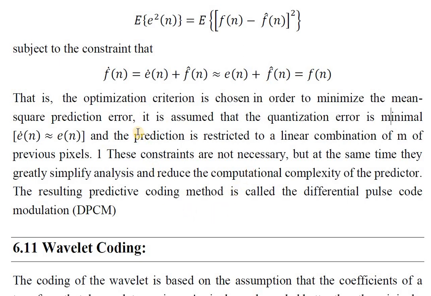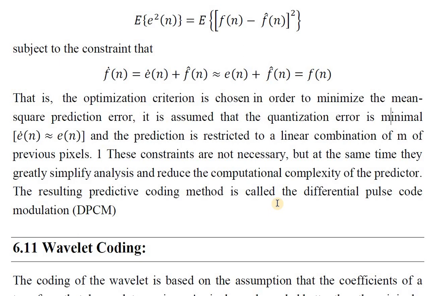Okay. Now the predictor is restricted to the linear combination of m previous pixels. These constraints are not necessary, but at the same time, they greatly simplify the analysis and reduce the computational complexity of the predictor. Why are we doing all these things?